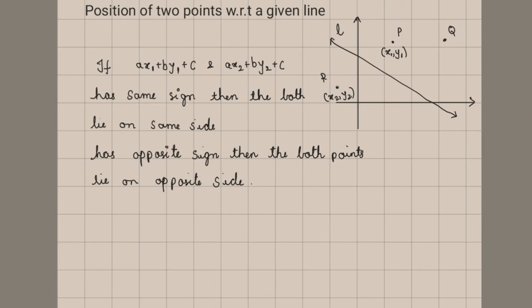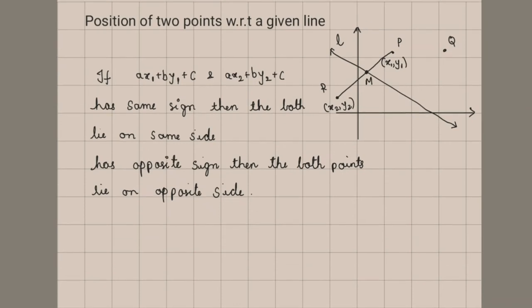Then the line joining PR intersects with line L at some point M. Okay, did you get that? So this point M divides the line segment joining PR in some ratio M is to N.